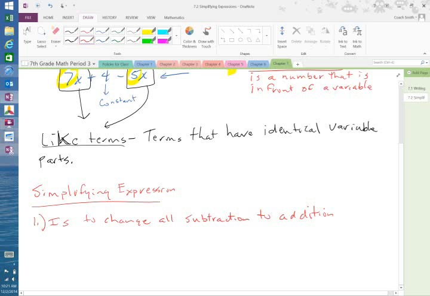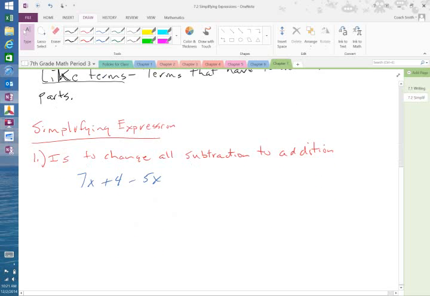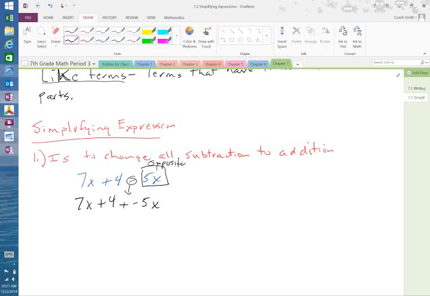So, for example, in the problem I wrote just a second ago, 7x plus 4 minus 5x. Step 1 would be to do this. 7x plus 4, change that to addition, do the opposite of 5x, which is negative 5x. Okay, that's step 1.